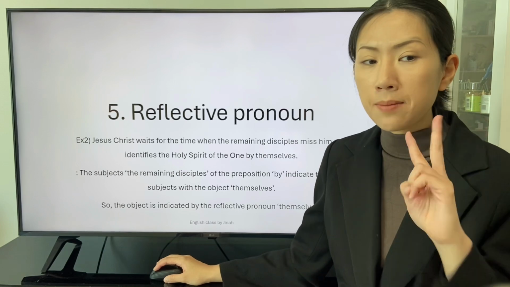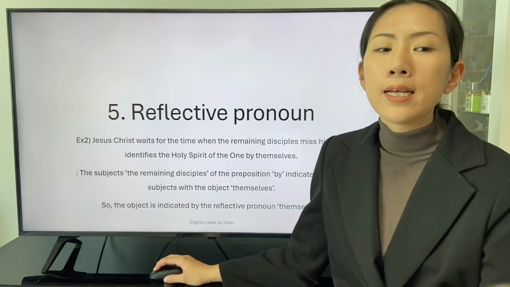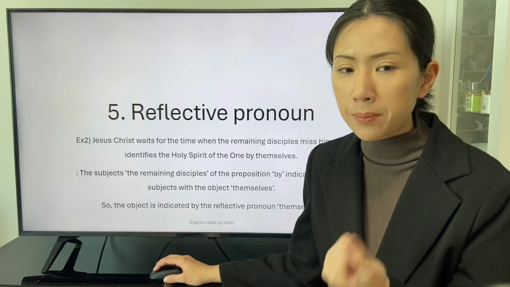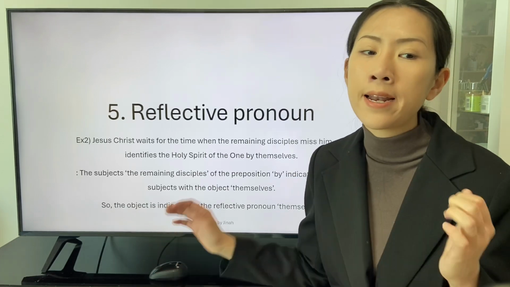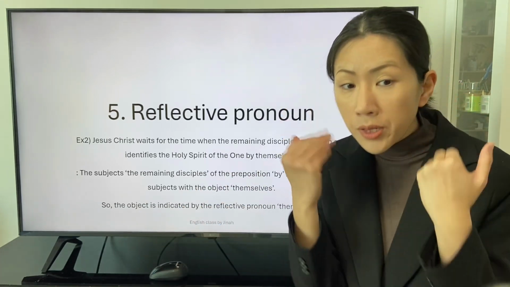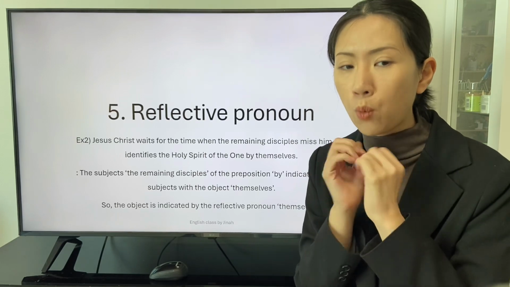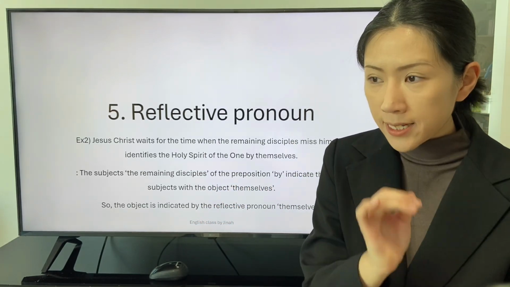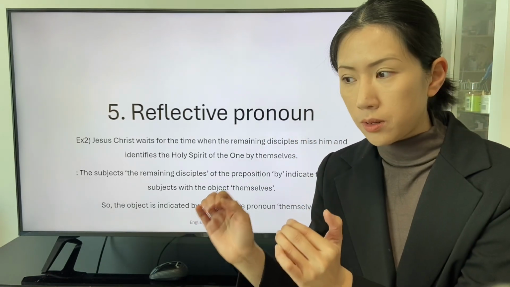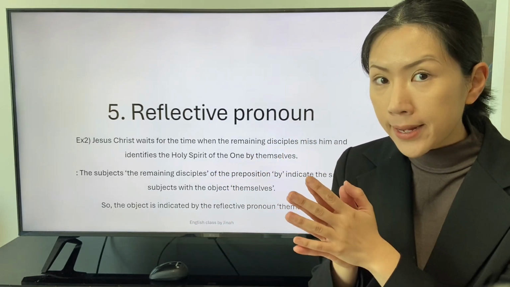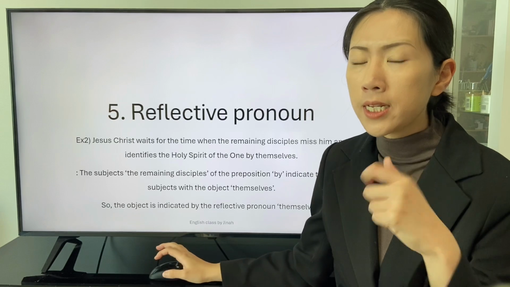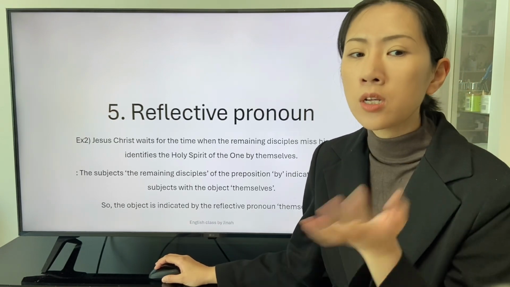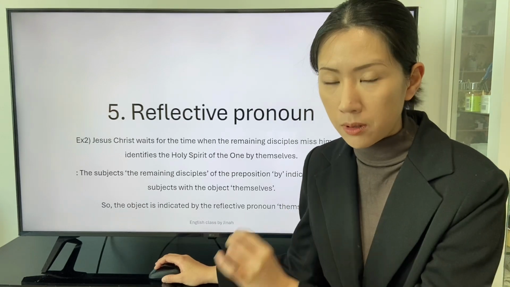The second exemplary clause is this: Jesus Christ waits for the time when the remaining disciples miss him and identifies the Holy Spirit of the one by themselves. The subject of the preposition by is indicated by the noun phrase, the remaining disciples.